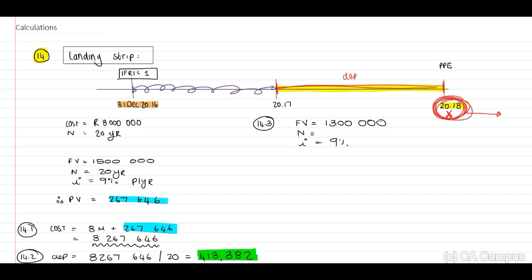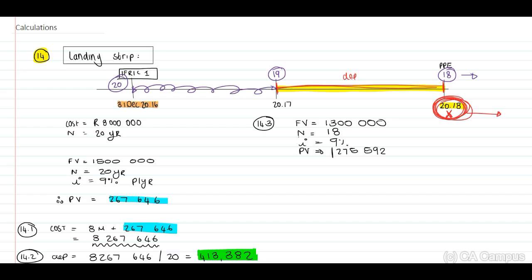Now my period, when you look at the timeline, 20 years on 31 December 20.16, 19 years remaining 20.17, 18 years remaining 20.18. Therefore, my period will be 18 years and my present value will be an amount of 275,592.